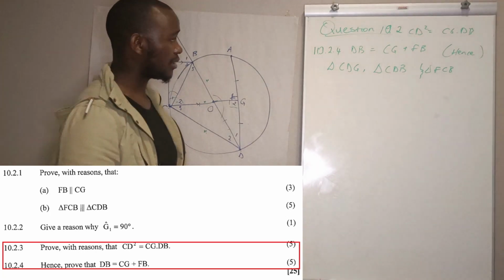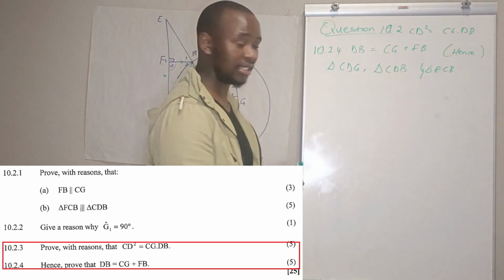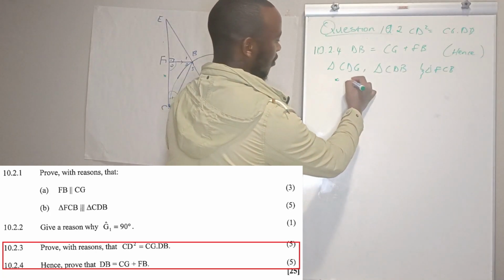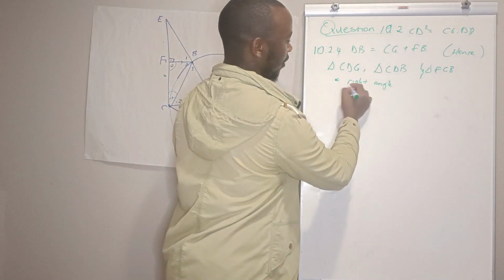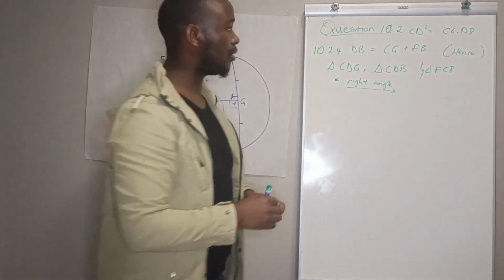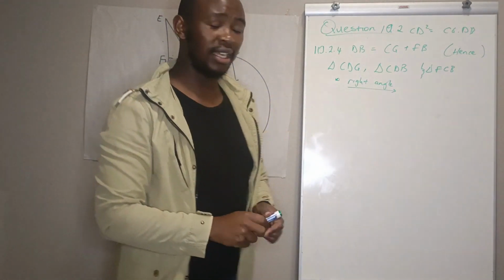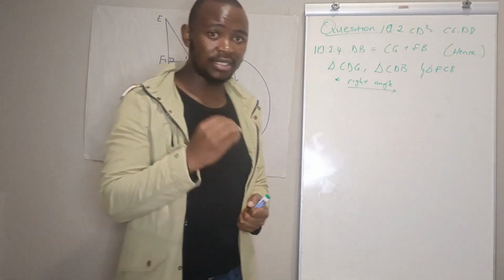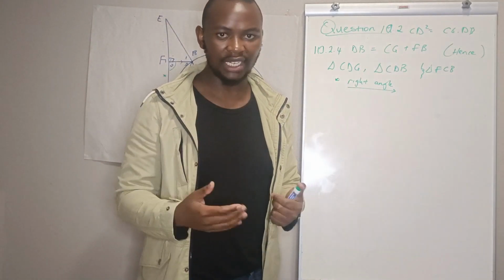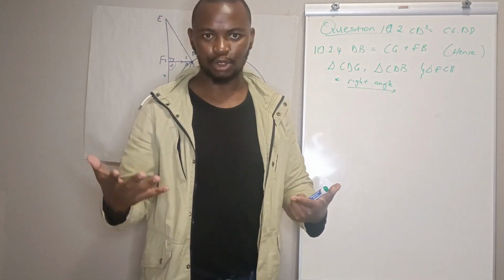And the most important part is that all of them are right-angled triangles. Right angle. Why am I using that? Because on the previous question there was a multiplication. Multiplication means that there is proportionality. You have to cross multiply the two sides.